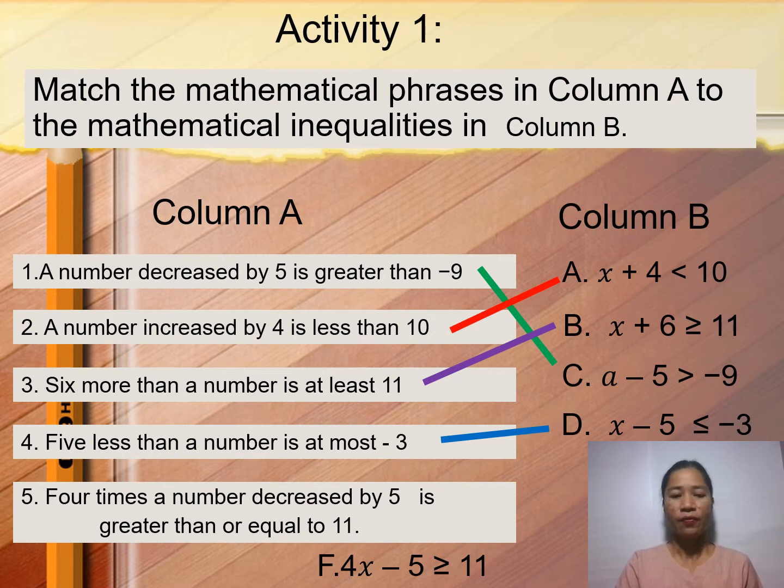Next, 4 times a number decreased by 5 is greater than or equal to 11. So the answer is 4x minus 5 is greater than or equal to 11.